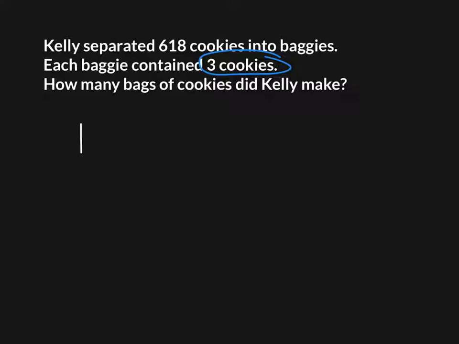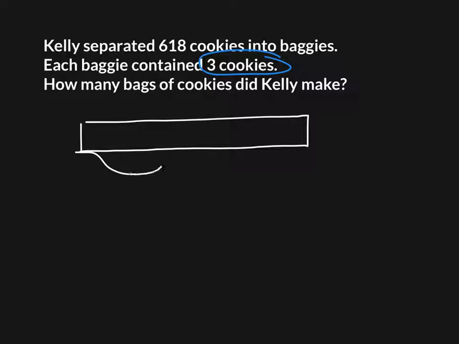So we're going to draw this tape diagram a little bit differently. I'm still going to draw my big long bar. I know that my total is 618, and I know that one group has 3 cookies in it. Now, I don't know how many groups to divide this into. So I'm just going to say the number of groups is my mystery. How many groups of 3 can I make if I have 618?